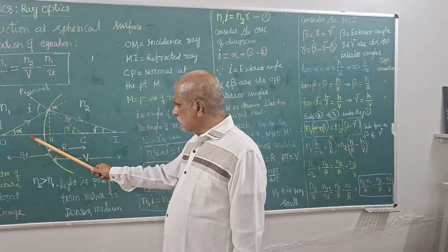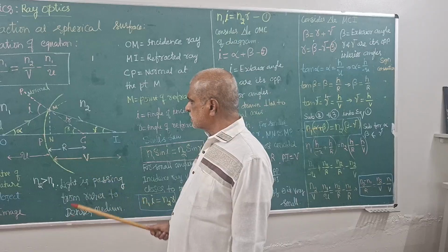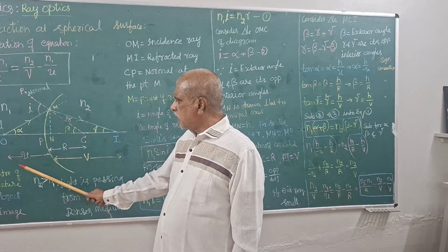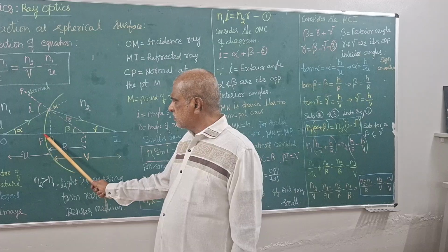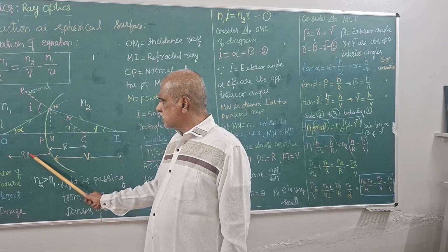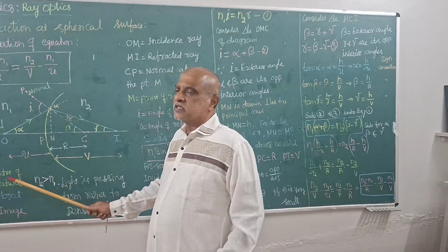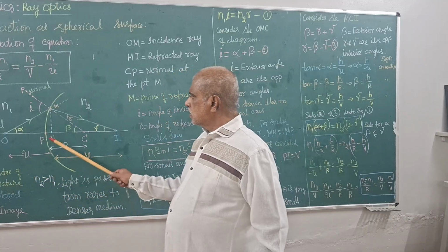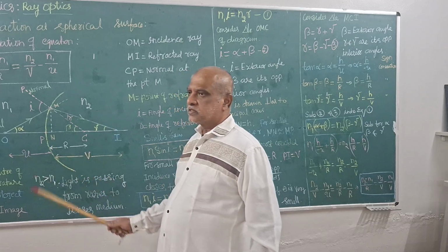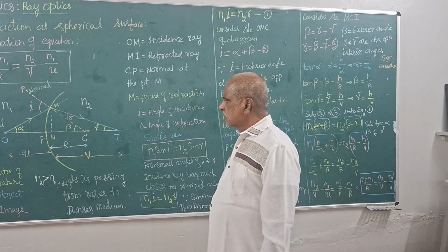And along the principal axis, we have these points. This is the point of the object, and the distance between P and O is called the object distance, U. So this distance between these two points is called U, the symbol for object distance.